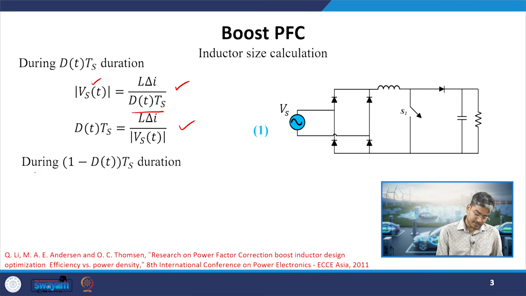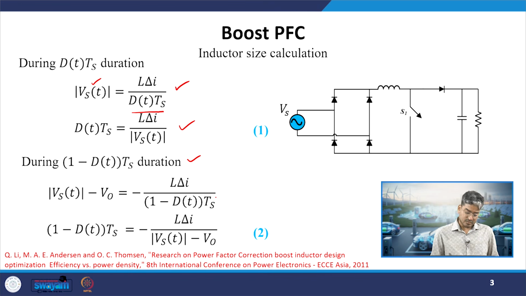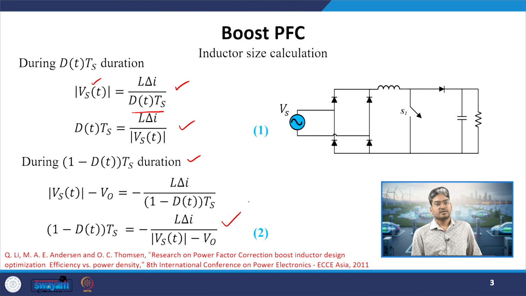Now, during the (1 minus d) Ts time, that is when the switch is off, what will happen? The inductor will experience a voltage equal to the difference between the input and output voltage, that is, the rectified source voltage minus Vo, which will be equal to minus L delta I by (1 minus d) Ts. Simplifying again, in terms of our turn off time, this will be my change in current value divided by the voltage.